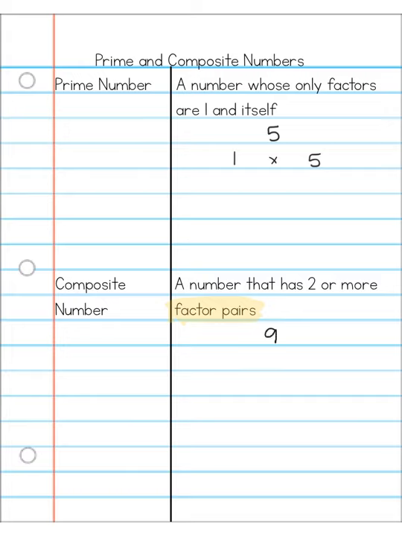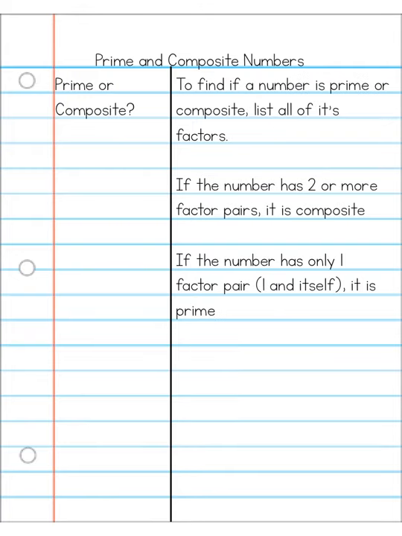When I do the factors for 9, I have 1 and 9 and 3 and 3. So that is 2 factor pairs, 1 and 9 and 3 and 3. It's also 3 factors, 1, 3, and 9. So this is a composite number because it has additional factors other than 1 and itself.